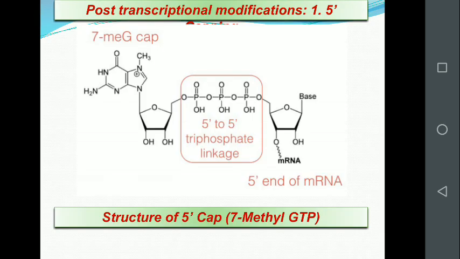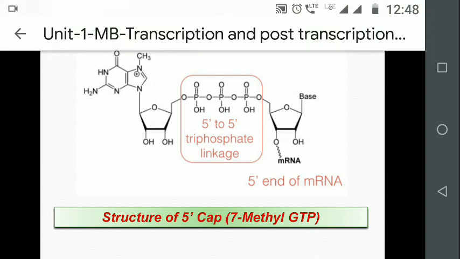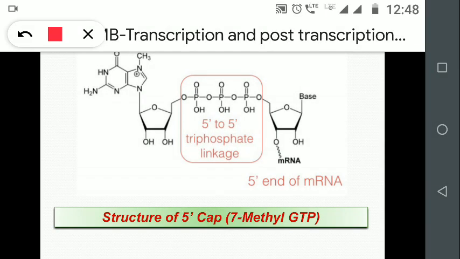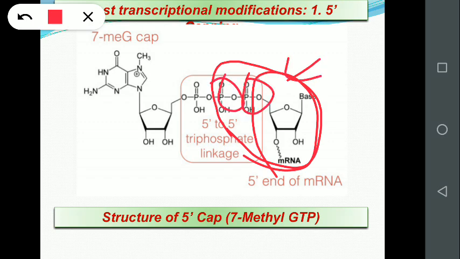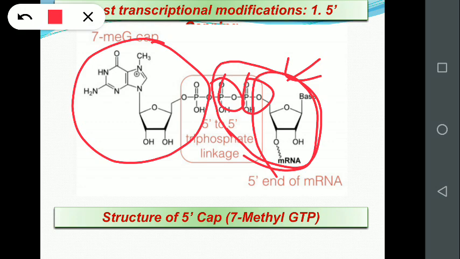And second, if we look at the structure of the cap, this is the mRNA, and these two are the phosphates of this first base, one phosphate and two phosphate, and this is the GMP. Normally this 3' hydroxy must interact with this phosphate, but that is not happening here.